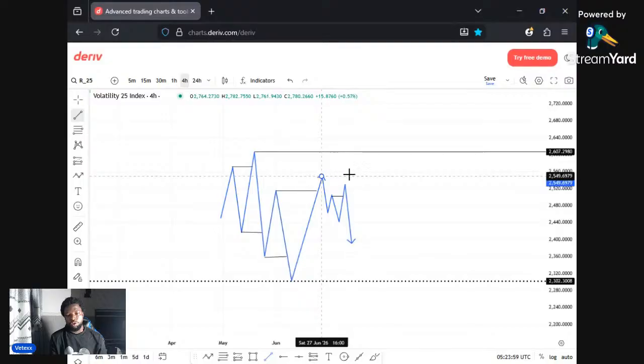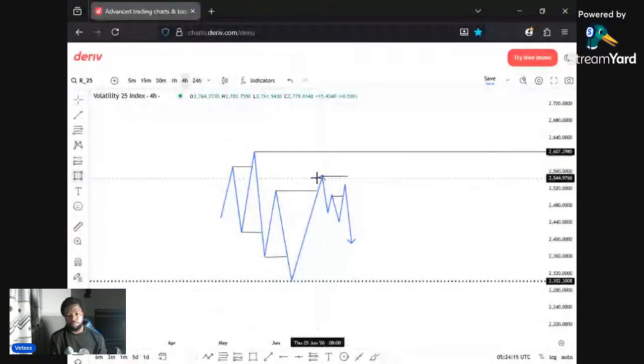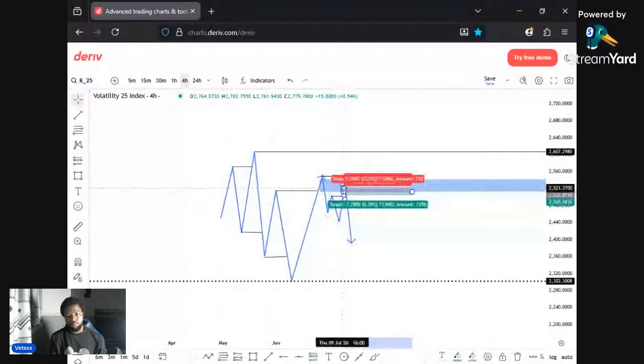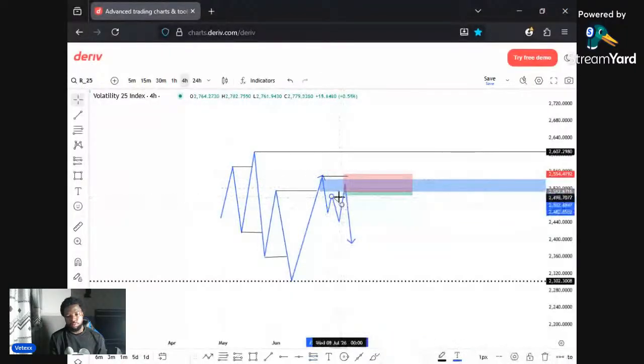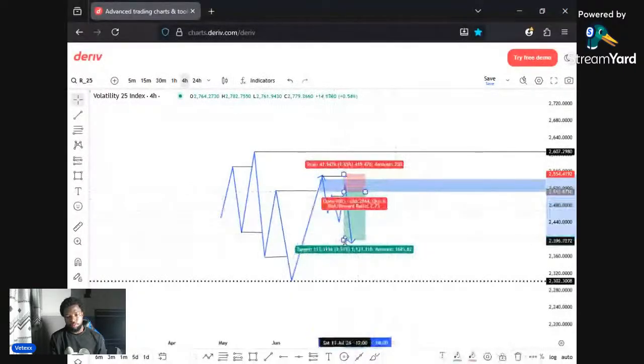What you look out for on the higher time frame is what you look out for on the lower time frame. After getting your structure on the 4-hour time frame, you go to the 1-hour time frame or 30 minutes time frame and look for your continuation, and then you can sell to the downside.